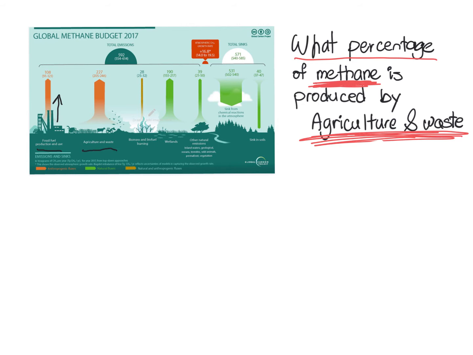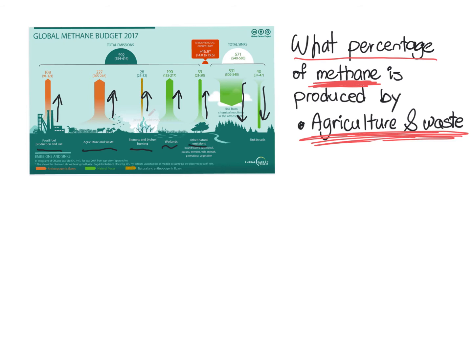Agriculture and waste, which is the one that we're concerned about, releases methane into the atmosphere. Biomass and biofuel burning again produces methane. Wetlands also produce methane. Other natural emissions produce methane. And then methane, because it is a greenhouse gas, some of it is absorbed by the earth, the soil.